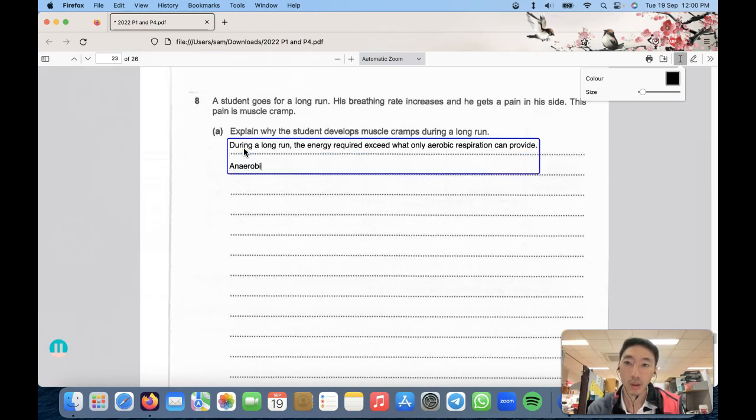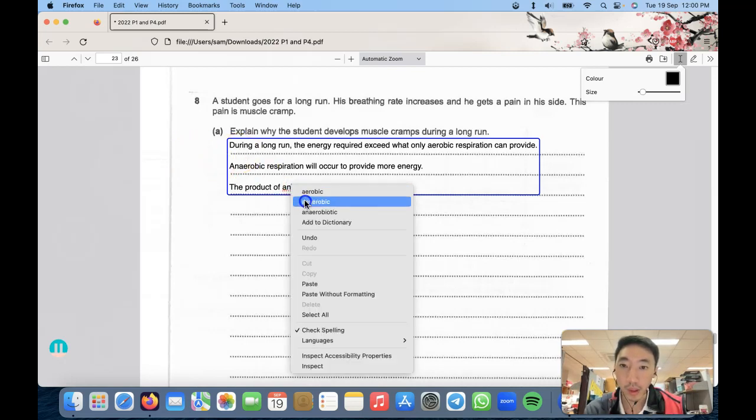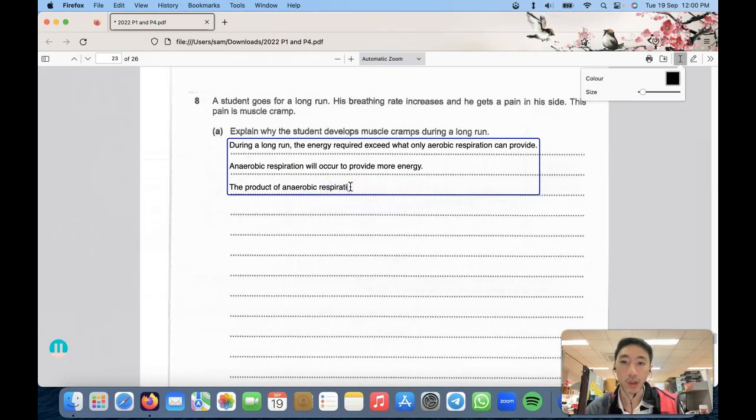Anaerobic respiration will occur to provide more energy. The product of anaerobic respiration is lactic acid and a small amount of energy from glucose.